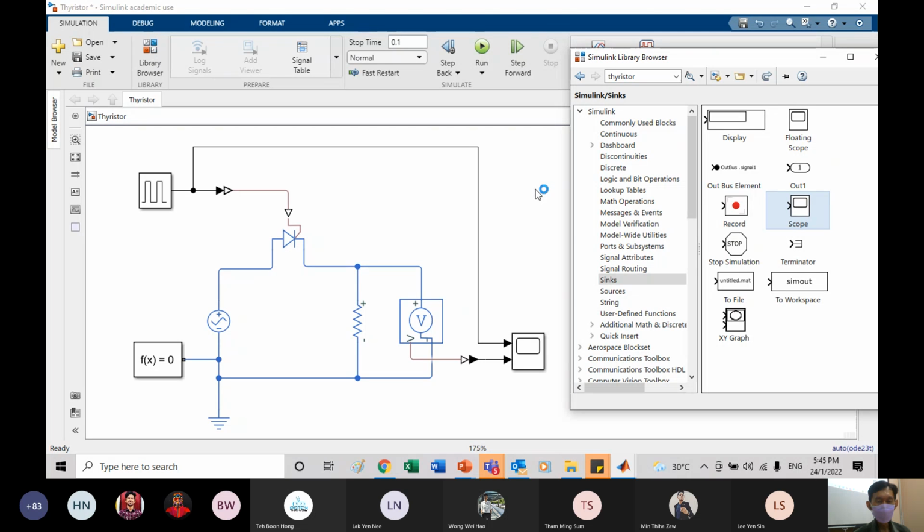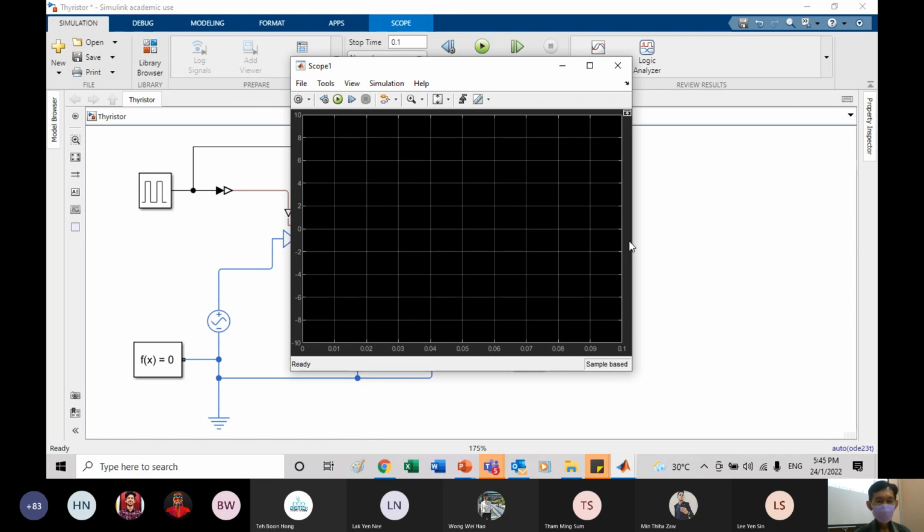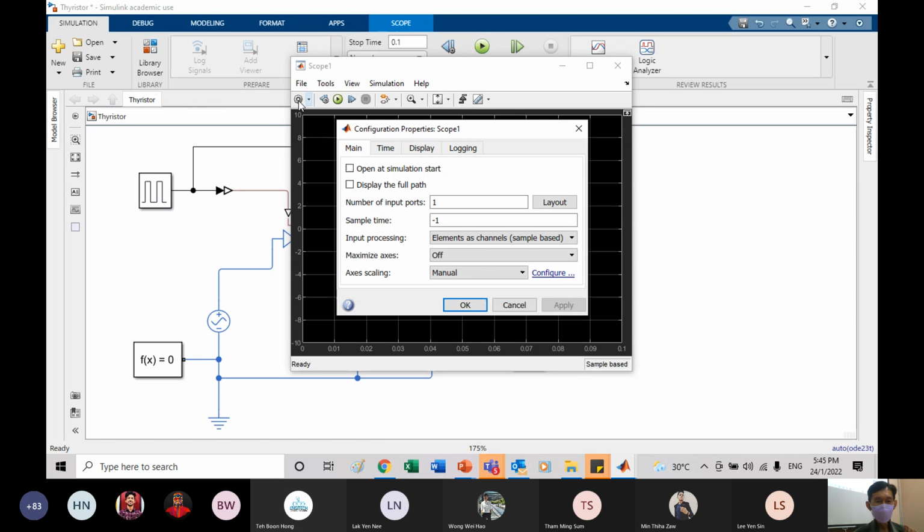Okay, I'll drag a scope here. So double click the scope. This is very important for Simulink. Go to the setup. Number of input ports, change to 2 or 3 or 4. Then layout.